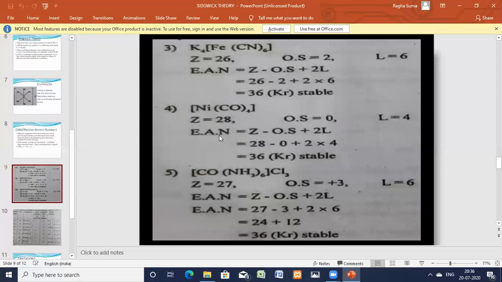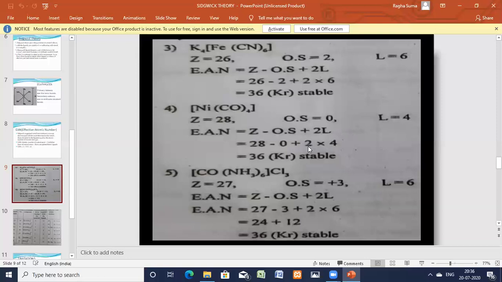Now EAN is equal to Z minus OS plus 2L. Z is the atomic number, 28, the oxidation state is 0, plus 2L. L is the number of ligands, which is 4. The 2 is the pair of electrons donated by each ligand.